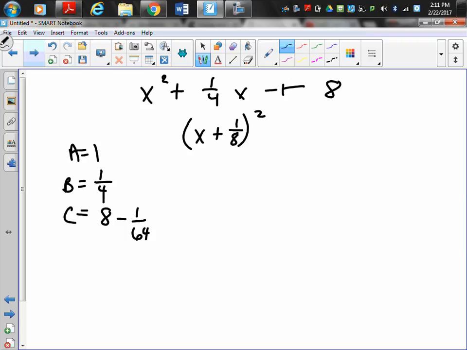It's going to be 8 minus 1/64. 7.98. I want it as a fraction. Green button, y equals. There you go. 511/64.